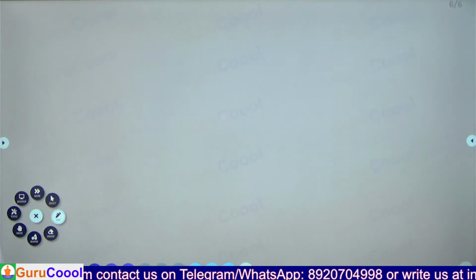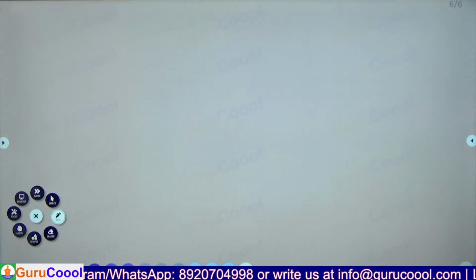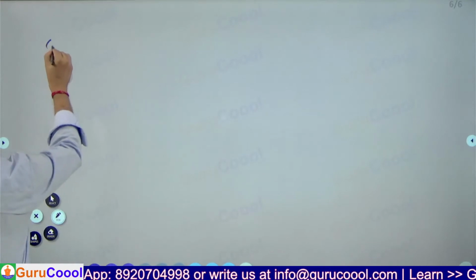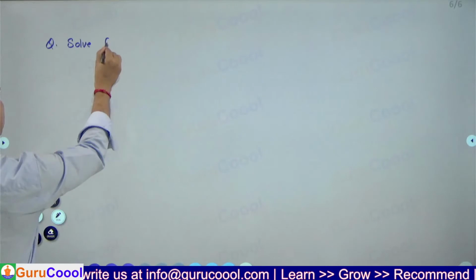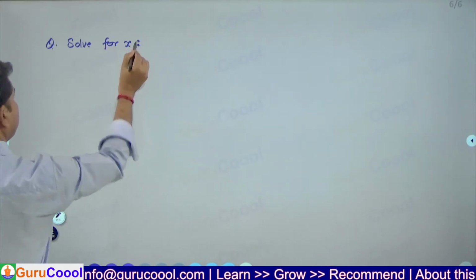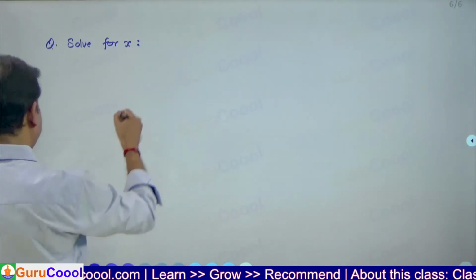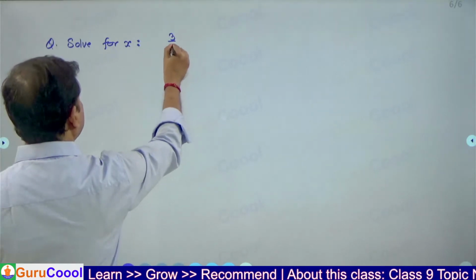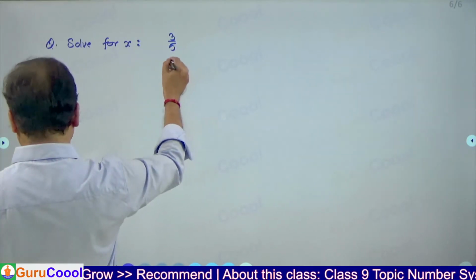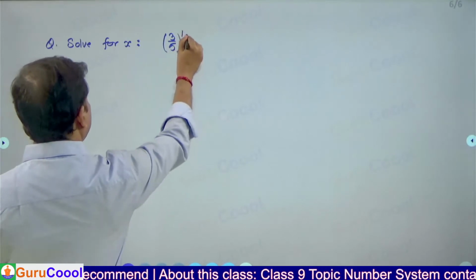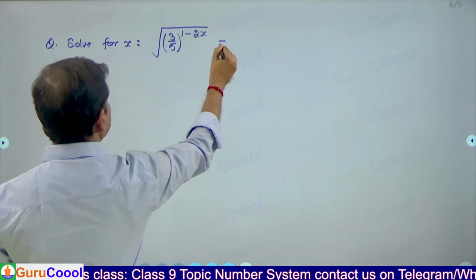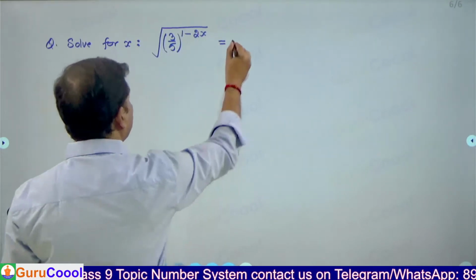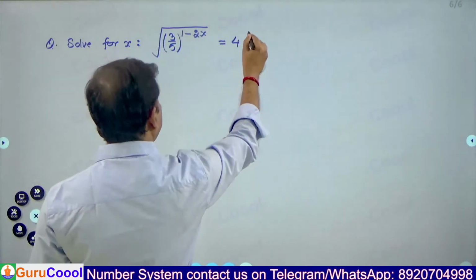One more question for the day. Solve for x. 3 by 5 raised to the power 1 minus 2x, and everything is under a square root, and this is equal to 4 and 17 by 27.